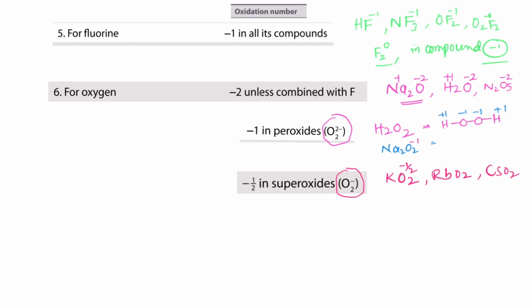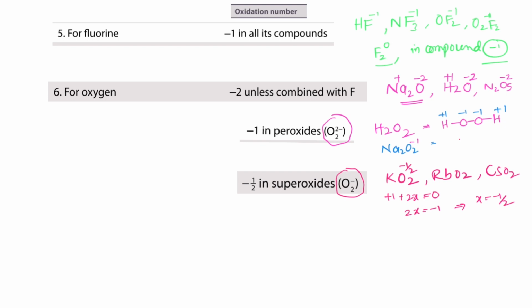For example, if you don't know, consider this as x. Potassium is already known, plus 1, plus 2x is equal to 0, because the first rule is the sum of the oxidation numbers of all atoms is equal to 0. Then 2x is equal to minus 1, so x equals minus 1 by 2. So in superoxide the oxidation number is minus 1 by 2.